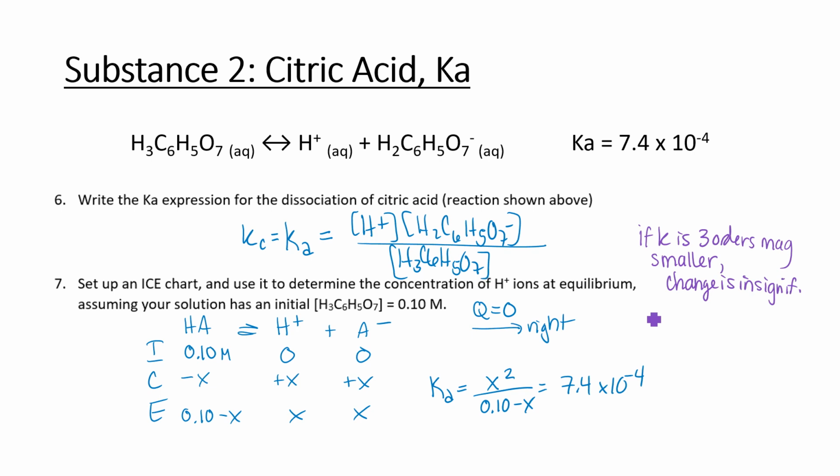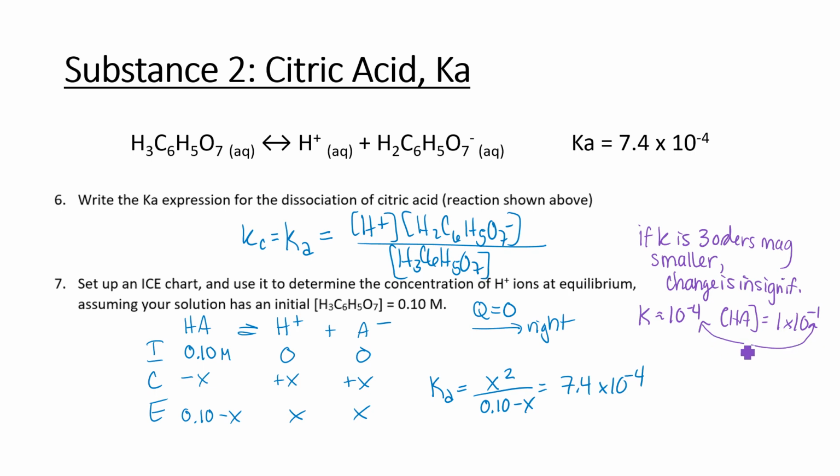Our K value is 10 to the negative 4. Our initial concentration, and it might help to write this in scientific notation, is 1 times 10 to the negative 1. That's how I'd write 0.1 in scientific notation. So it looks like this exponent is 3 smaller than this one, so we're just barely hitting our cutoff where we can use this simplification.